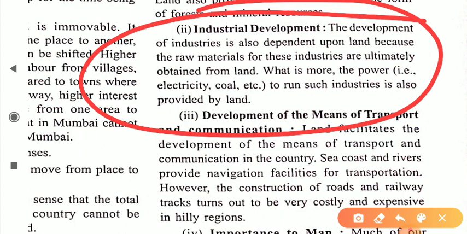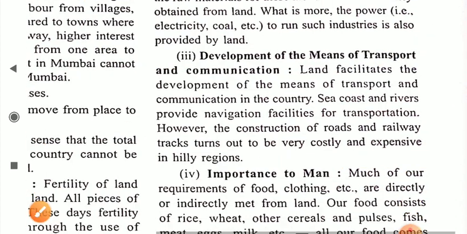Like we need electricity, and to produce electricity we need coal and petroleum. All these are different components of land which we need for our industries. We need raw materials for industries, and we can obtain them by mining or from the forest. So all these are part of land, and land is very important for industrial development.